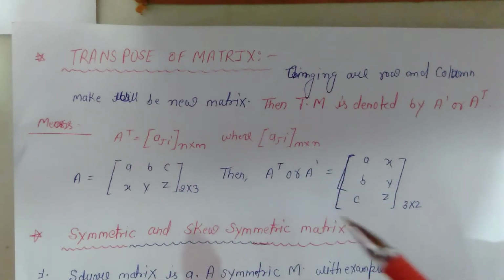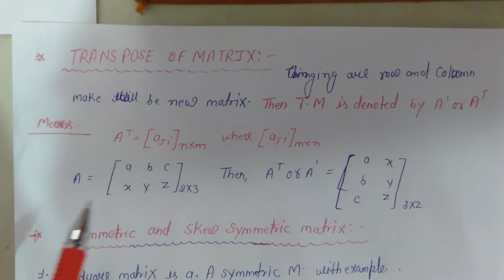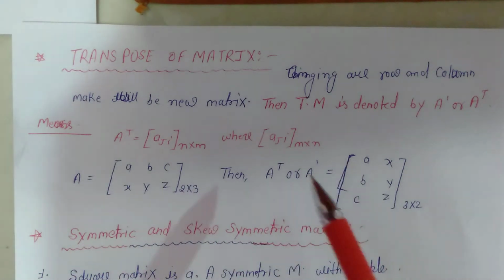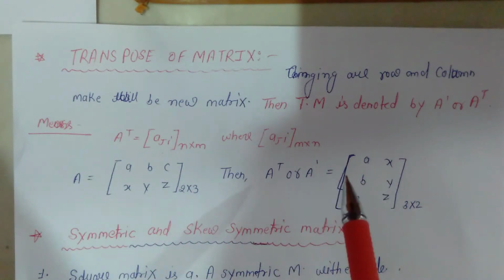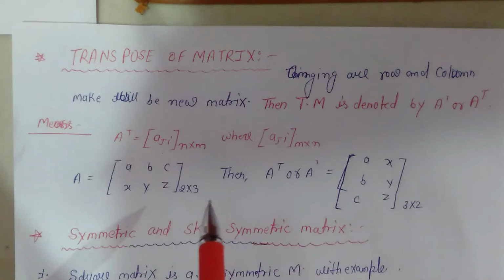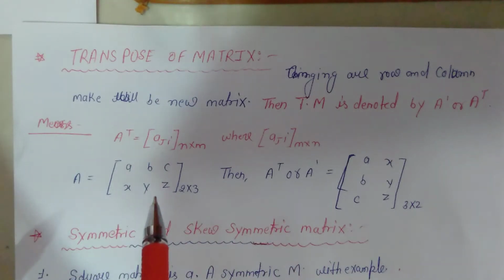A power T is the transpose matrix, where the rows and columns are interchanged. Okay, with an example, A equals a b c, x y z, a 2 cross 3 matrix, then A power T or A dash equals a b c x y z as a 3 cross 2 matrix, changing the rows and columns.